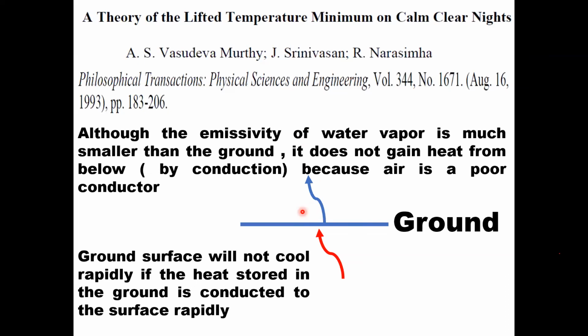If emissivity is 1, it will kill the minimum because it will radiate a lot of radiation to it. If you reduce emissivity, the air is not able to absorb that much radiation from the ground. That is the main story which emerged. So it is both the role played by radiation emitted by the atmosphere to space, as well as the role played by heat transfer from beneath the ground to the ground. Both played a role.